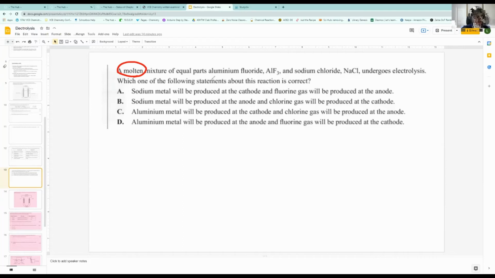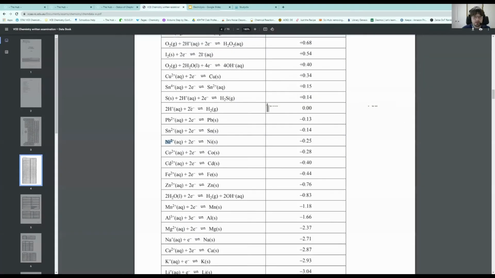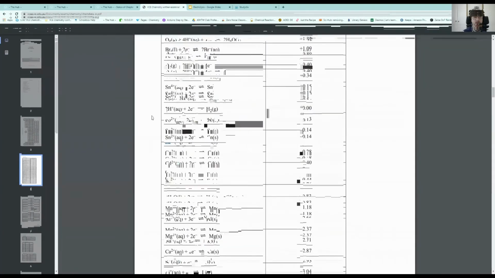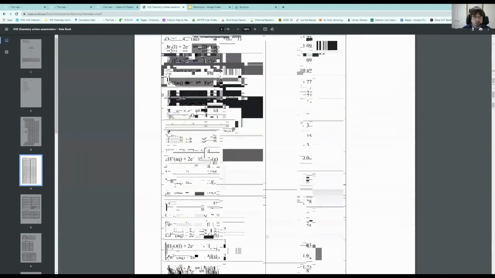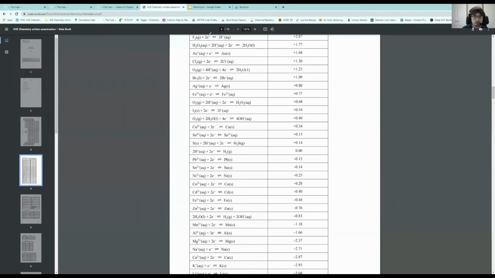So what do we have? Well, we've got aluminium ions, we've got sodium ions, we've got fluoride ions, we've got chloride ions. Okay, let's go and label them on our electrochemical series, aluminium and sodium. Let's go find them. Okay, aluminium's here, sodium's down here. Oh, we're going to have to zoom out. There we go. All right.